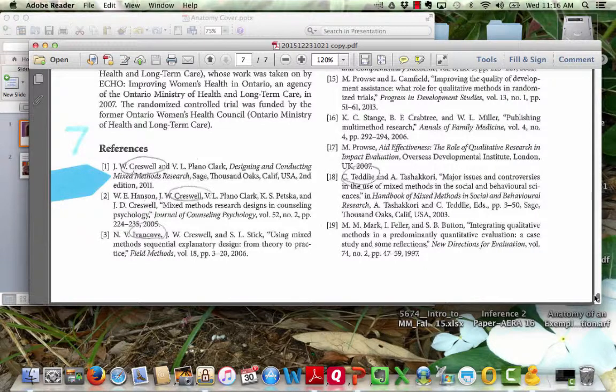So to summarize, I've identified 7 features of this publication that I think are exemplary in order to help you construct your own publications.